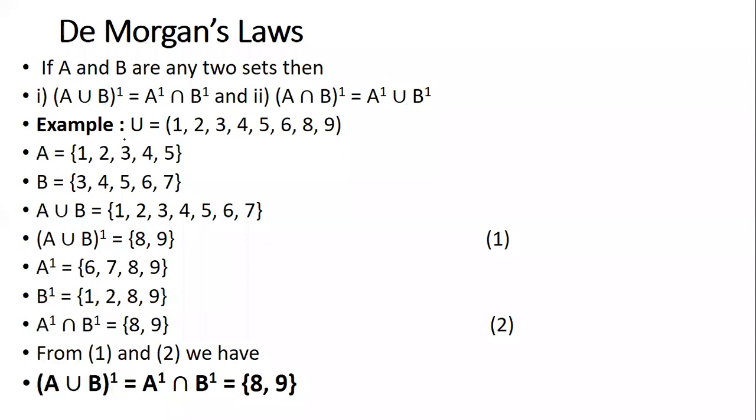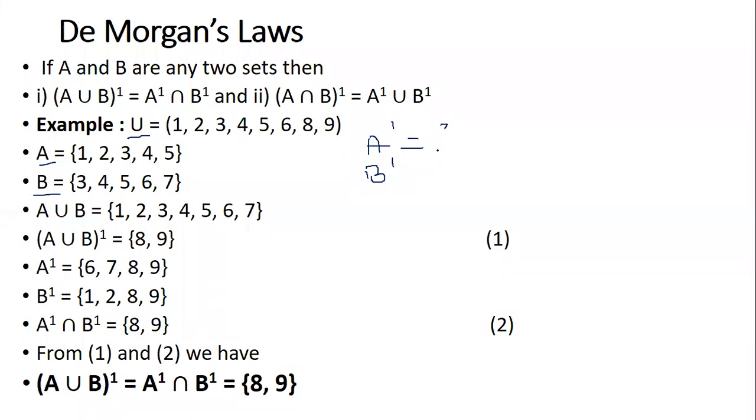Now, we have a universal set. I already told you, because we are supposed to find complement, the universal set is compulsory to be provided. So we have a universal set which ranges from 1 to 9, and then we have set A and set B. Before we start with anything, let us find A complement and B complement.